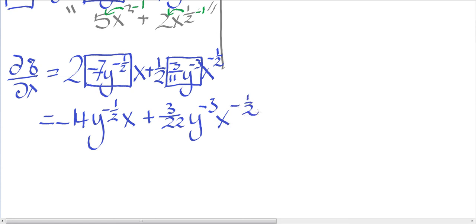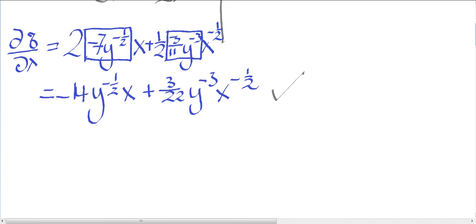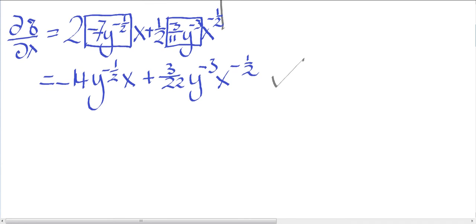Okay. Now again, that is a perfect answer. What I wouldn't mind doing is maybe putting those terms back to the bottom of a fraction. But if you're not 100% confident in that, I'd say leave well enough alone. But if you're a little bit comfortable with it, go ahead and put variables with the negative powers back under the fraction.